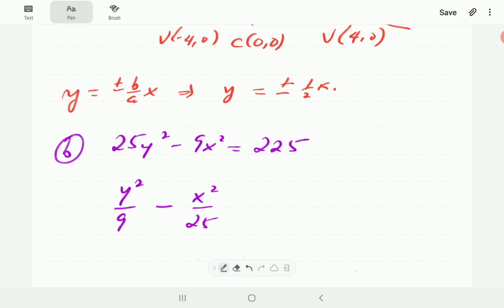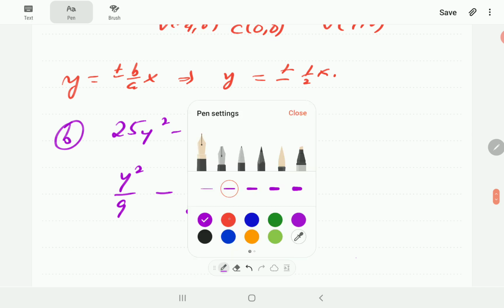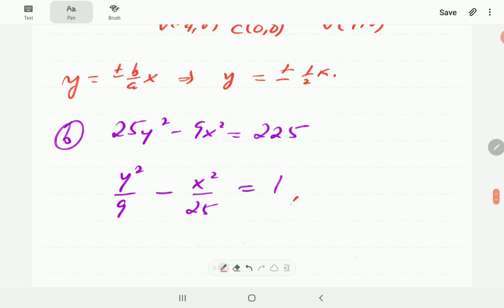Let's confirm: 9 times 25 is indeed 225. Then this is equal to 1. From this, a is always the one dividing the positive term, so a is going to be 3, b is going to be 5.